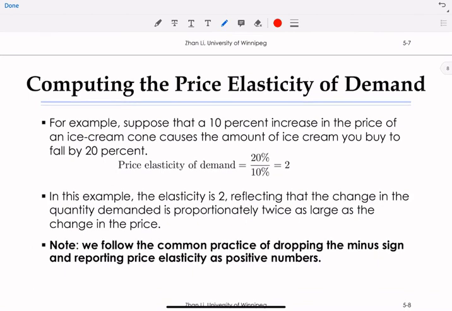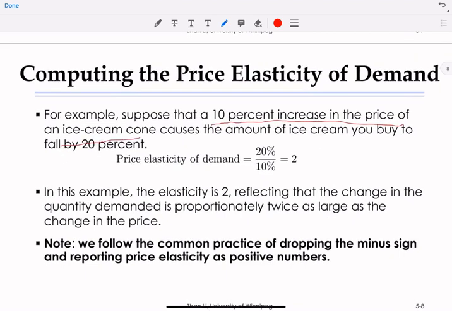So let's see this example here. Let's say there is a 10% increase in the ice cream price. And you observe that after this 10% increase, the amount of ice cream you buy falls by 20%. So what's the price elasticity here?